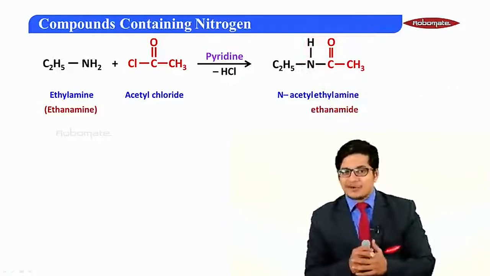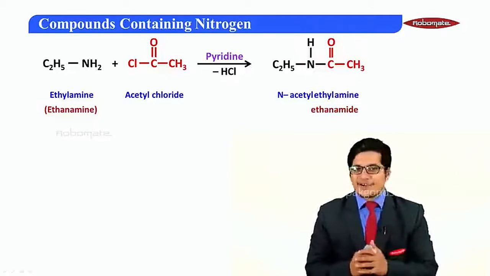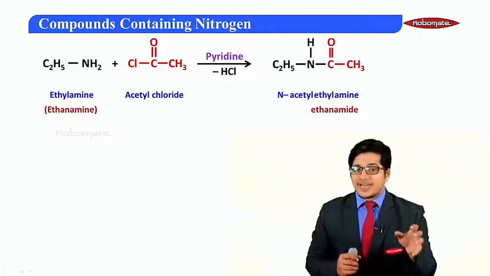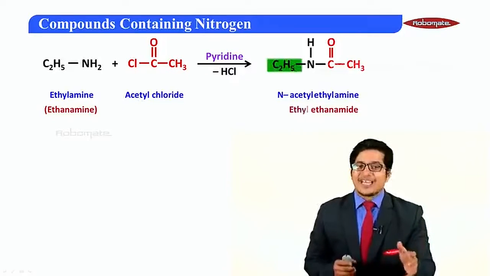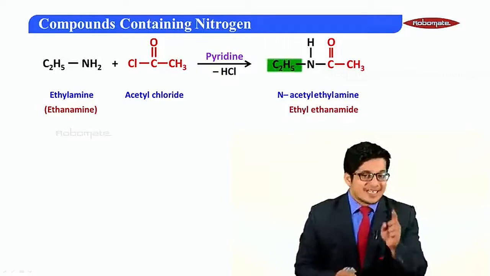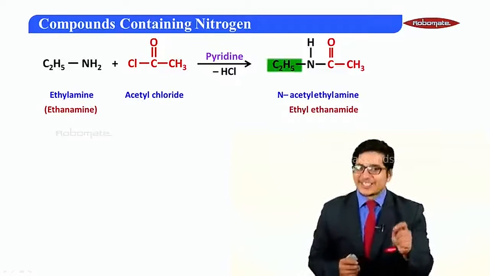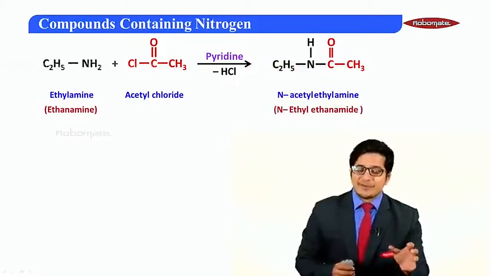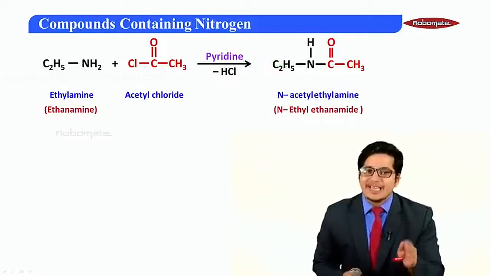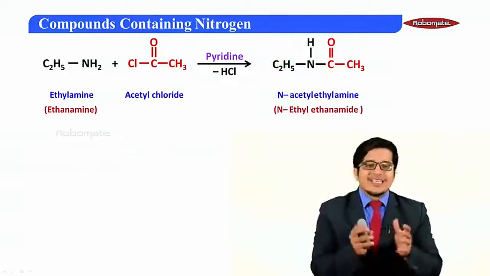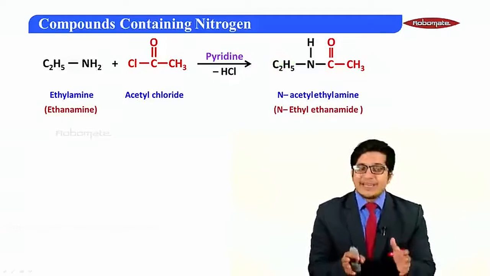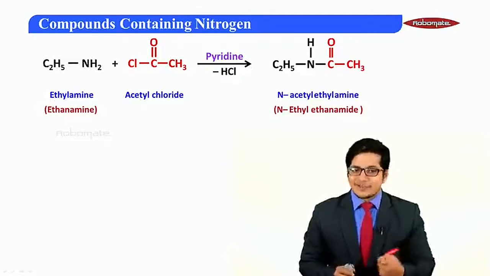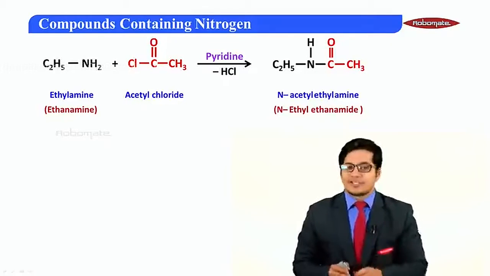Yes, we have an amide group, that is ethanamide, because it consists of two carbon atoms. Now to this ethanamide, what is attached? You are attaching an ethyl group, but is it directly attached? Yes, it is. So should we add N before it? Yes. So the entire name would also be N-ethyl ethanamide. Means the entire compound can be named as an amine or as an amide. Right students? Remember this, a very, very important point.